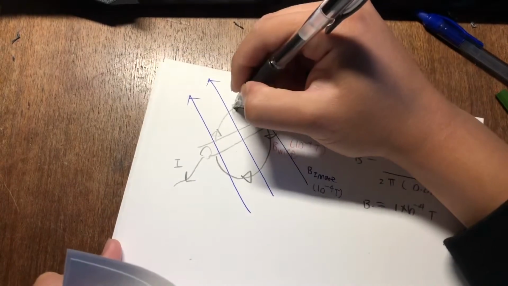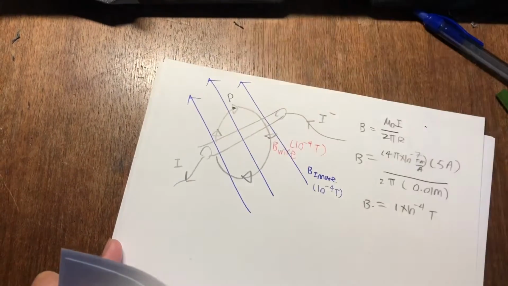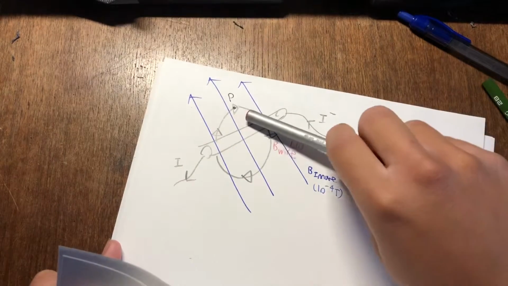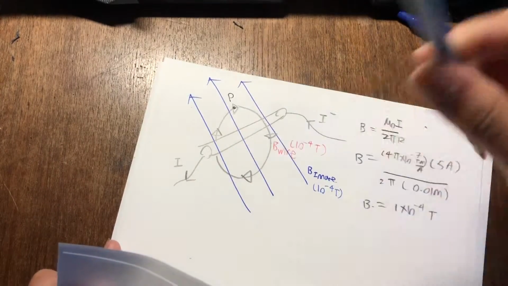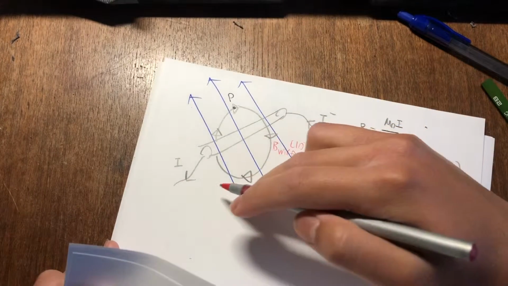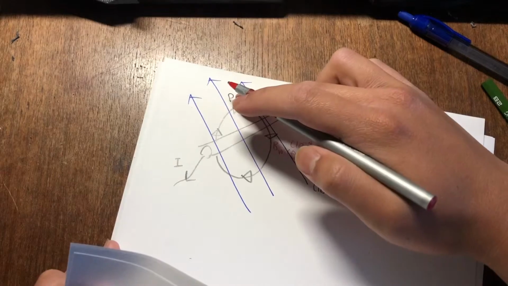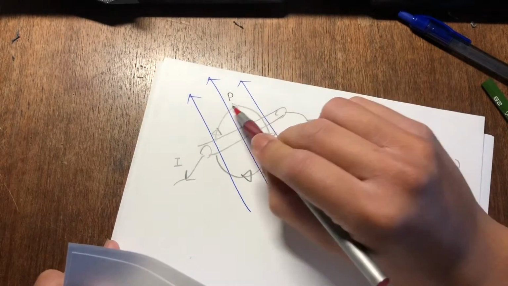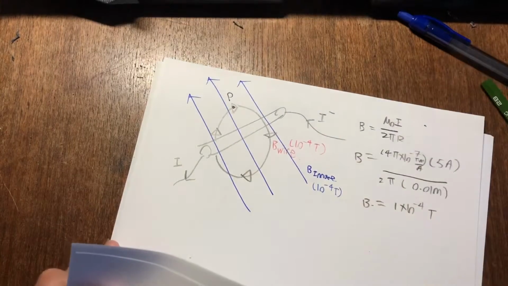What is the B field at point P right here? In order to find what the B field is at that instant right there, we need to recognize that, if we are traveling along this B field line, if we stop at P, the B field at that instant is a tangent line to that circle, right?